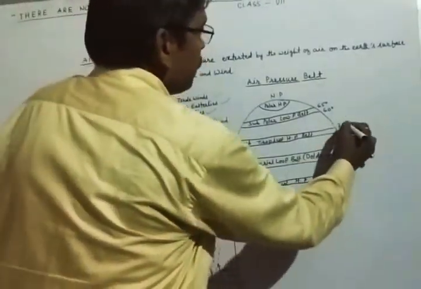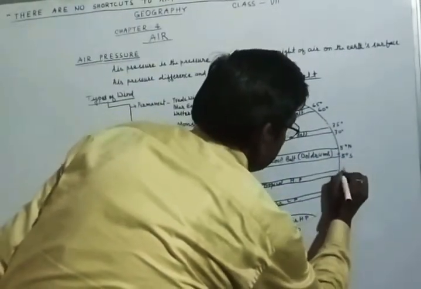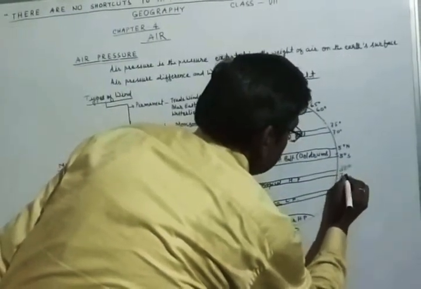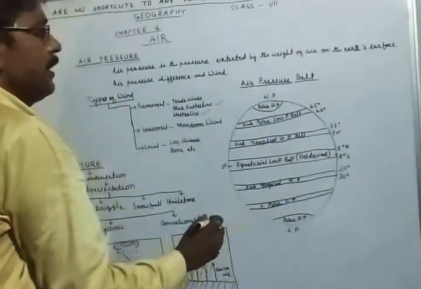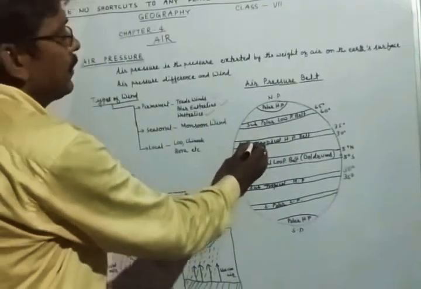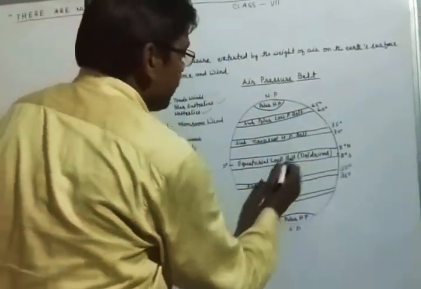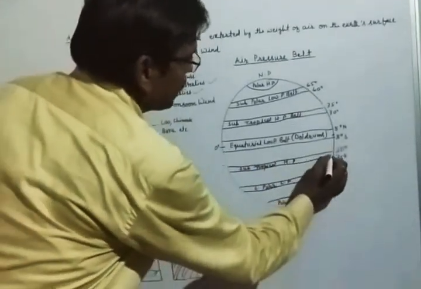From 30 degree to 35 degree in both hemispheres, the air is cold, so here pressure is high. This is called the subtropical high pressure belt.